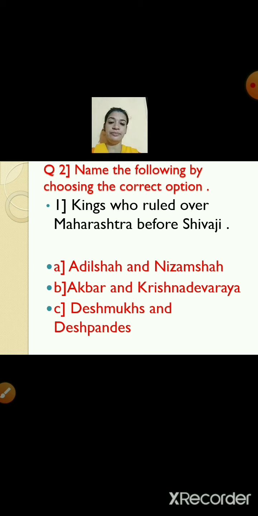Question number 1 is kings who ruled over Maharashtra before Shivaji. And the options are Adil Shah and Nizam Shah, Akbar and Krishnadev Raya, Deshmukhs and Deshpandes.